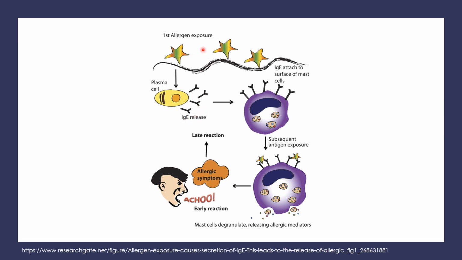In the first exposure to the allergen, the IgE will just attach to the surface of the mast cells, and upon subsequent exposure to the same allergen or antigen, it will cause these mast cells to degranulate, releasing allergic mediators such as histamine. Constant exposure to the allergen could lead to a chronic allergic reaction.